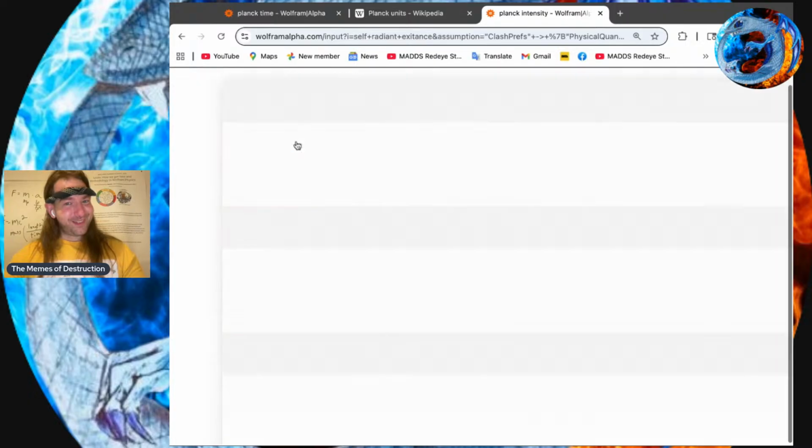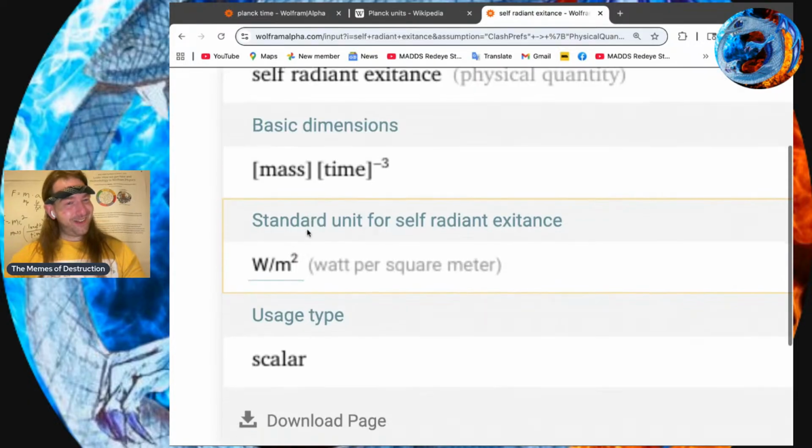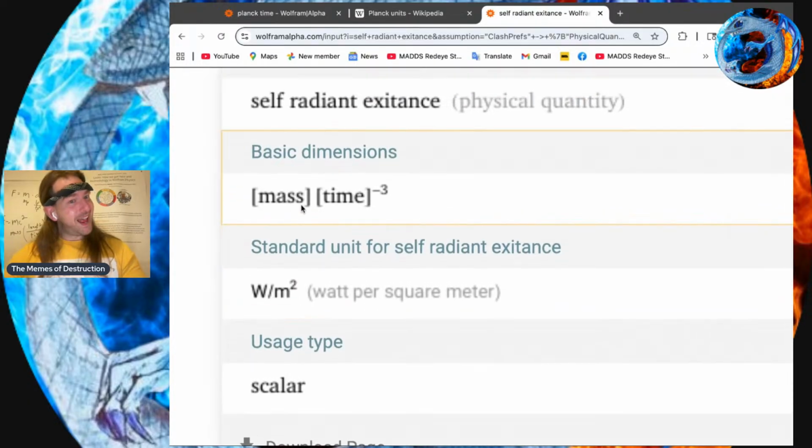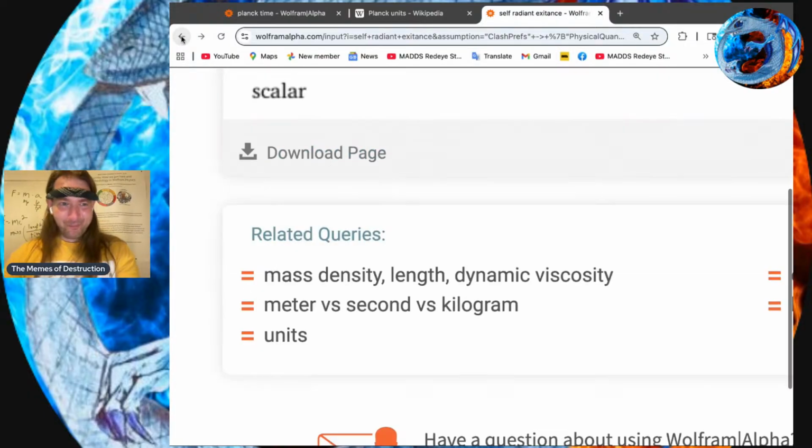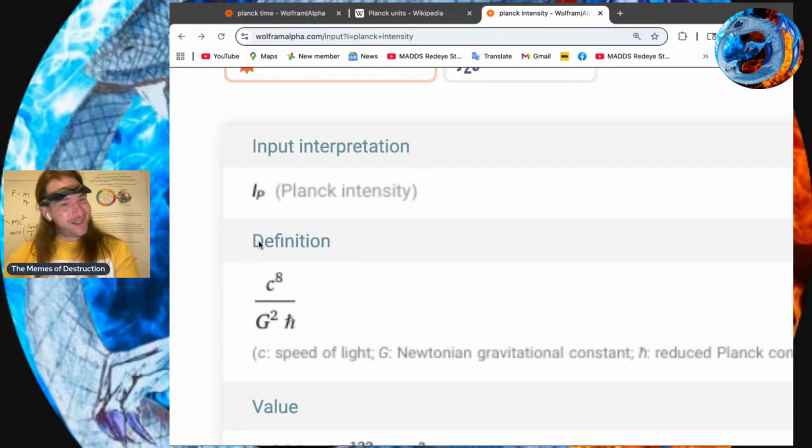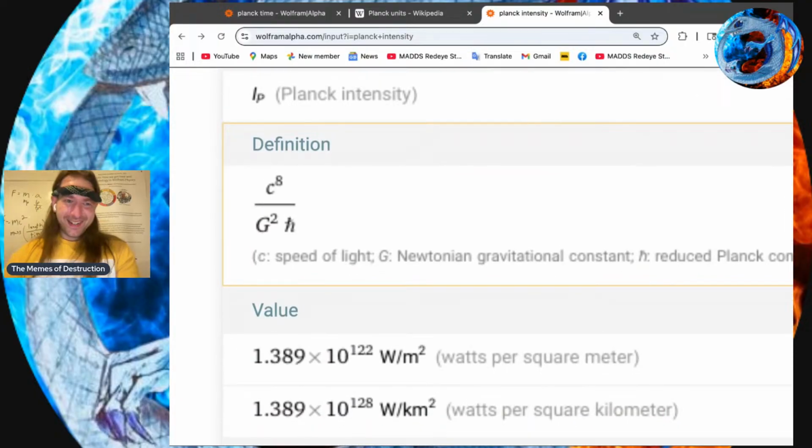Okay, so long story short, all those interpretations have the same dimensional framework. Those are a whole bunch of varying words that essentially are measuring the same basic unit dimensions.